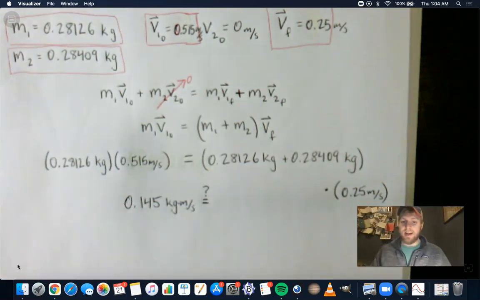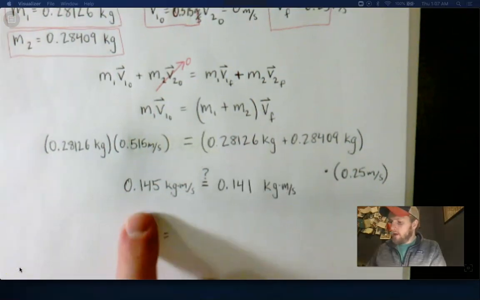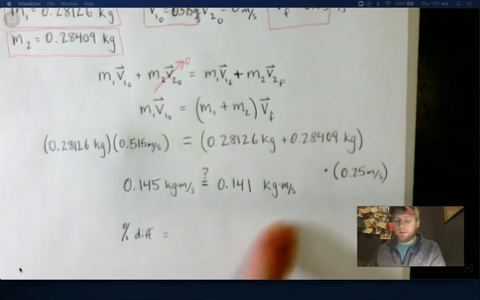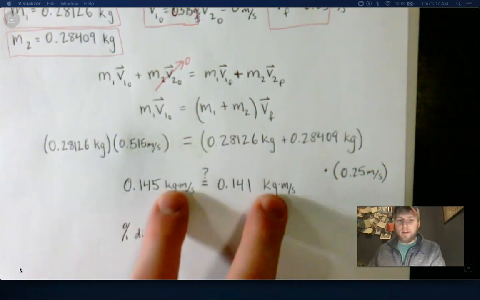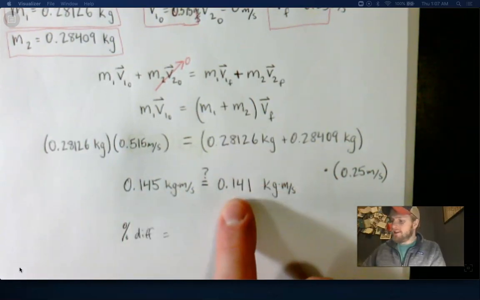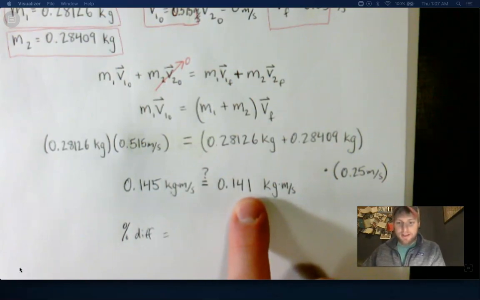And the question is, is that equal to the final momentum after the collision? See if you can do the calculation and check it out. So when you do the second calculation, you get 0.141 kilograms meters per second. Those are very close. We don't see a difference until the ten thousandths place.